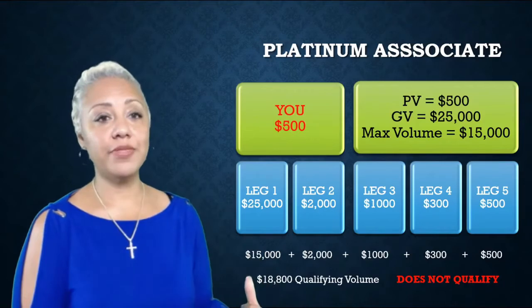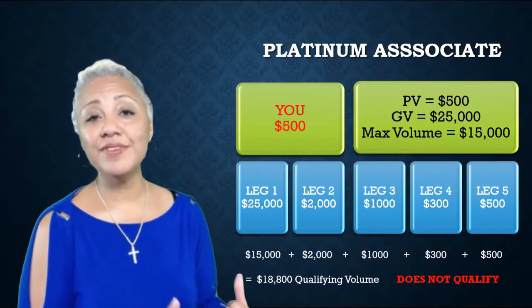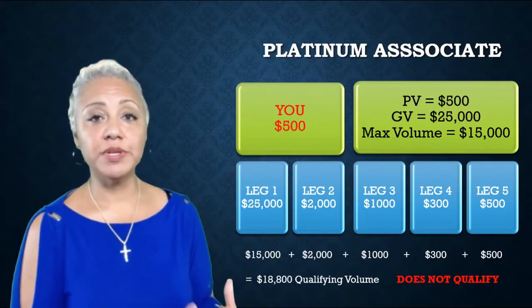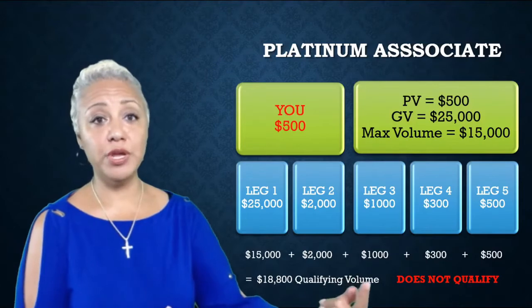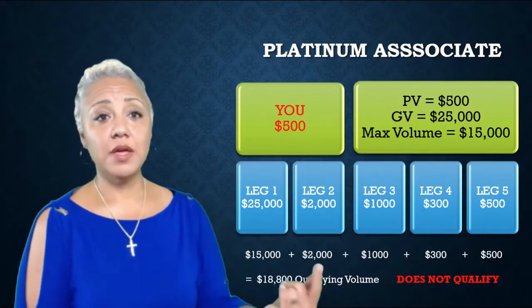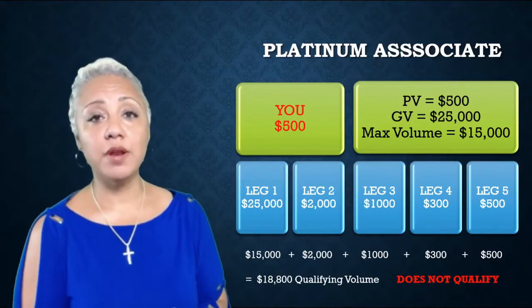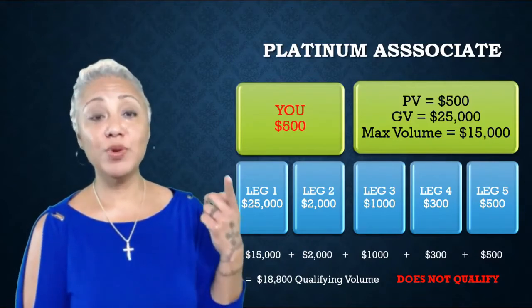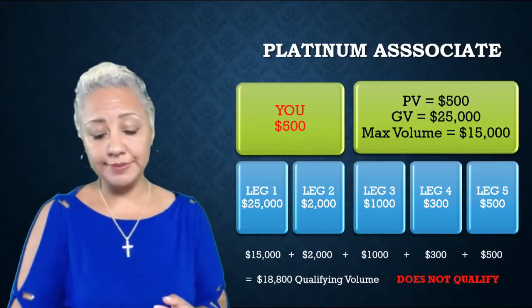So if you look at the math underneath here, leg 1, although it has $25,000, only 15,000 of it can be attributed towards the rank. If you continue to add the volume from legs 2, 3, 4, and 5, the total is actually 18,800 of qualifying volume. But remember, 25,000 is needed to hit this position, so this person would not qualify.